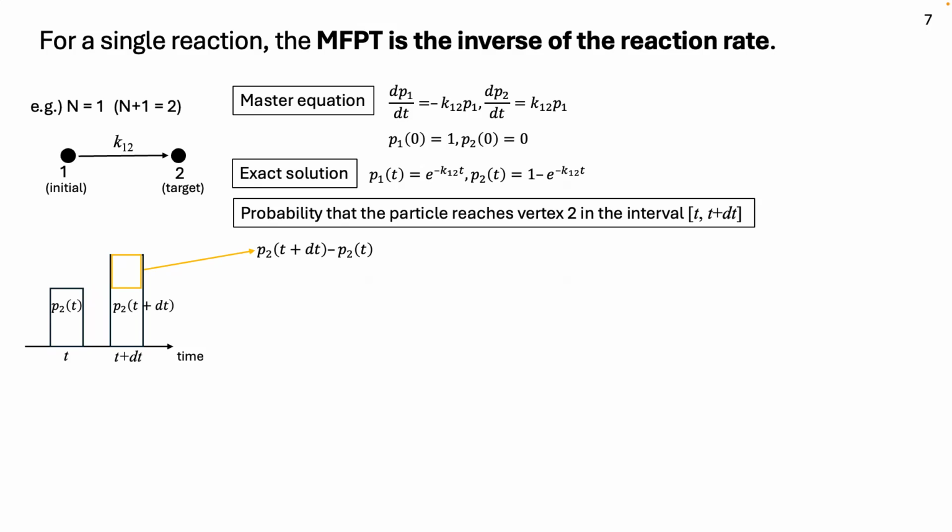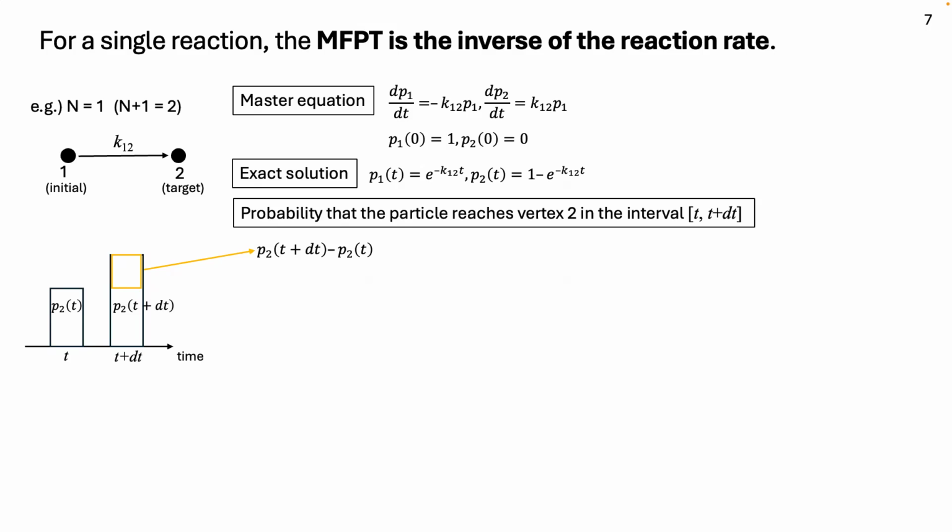And then the probability that the particle reaches vertex 2 in the interval between t and t plus dt is written here. It's the difference between p2 of t plus dt and p2 of t, because this probability is that the particle reaches the target state in this interval.